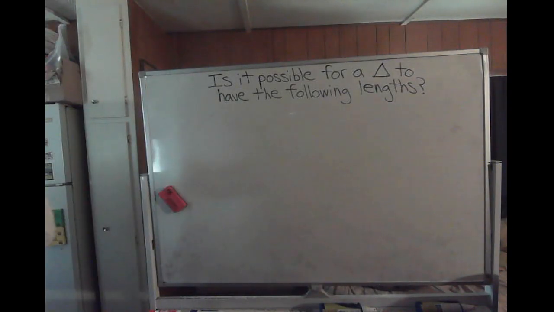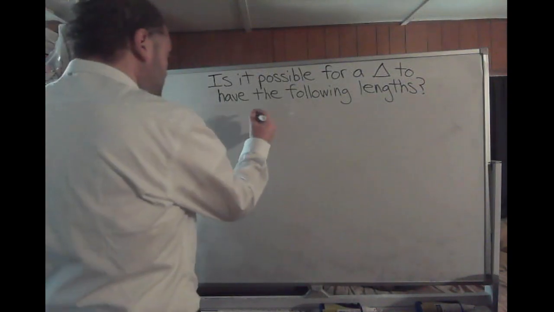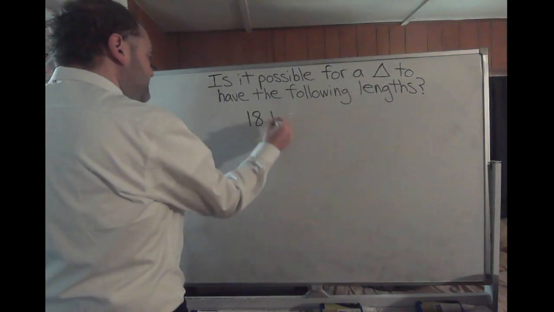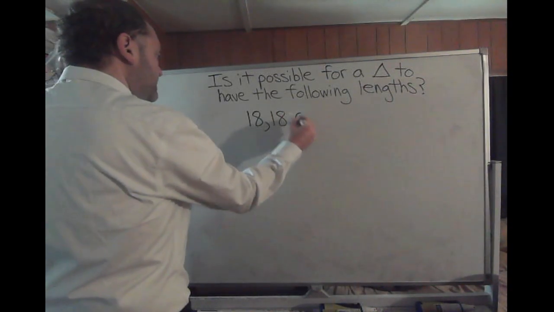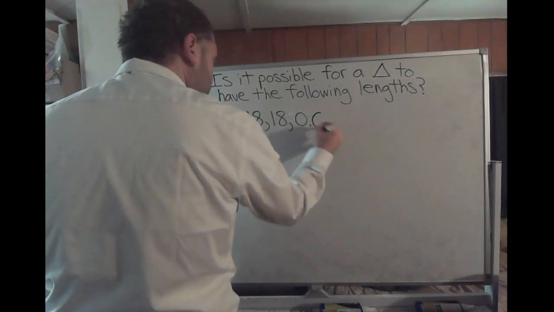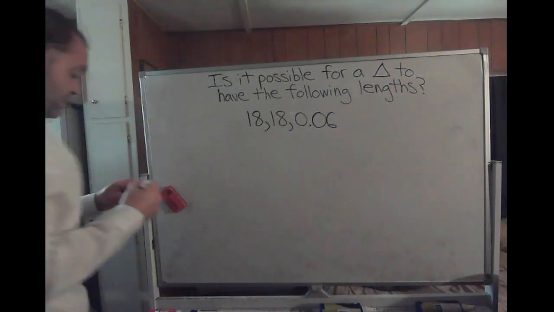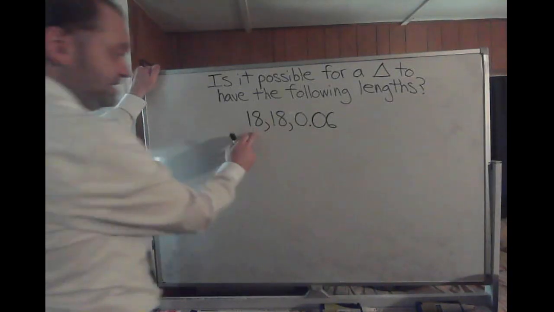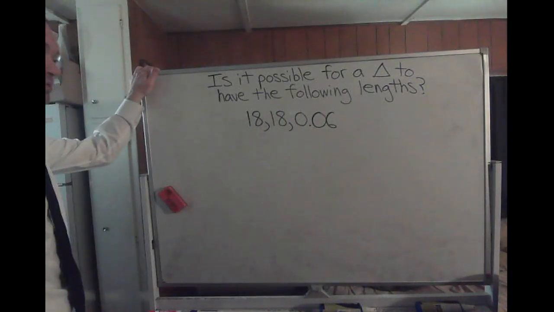And last one for this type. You have 18, 18, and then 0.06. So, is it possible for a triangle to have lengths 18, 18, and 0.06?